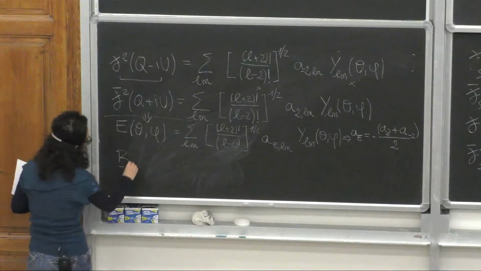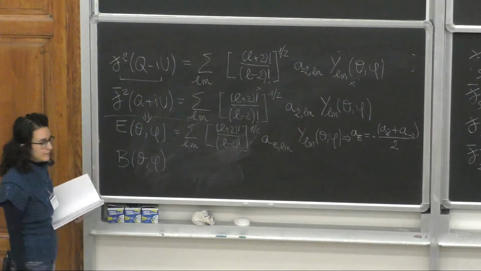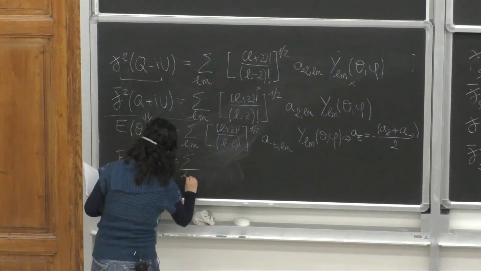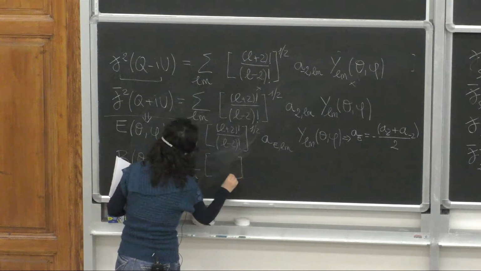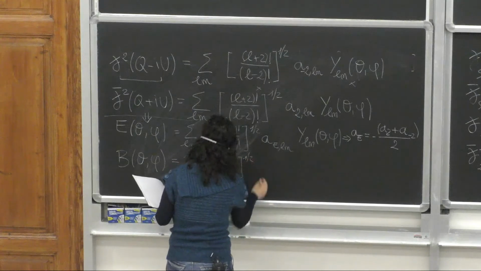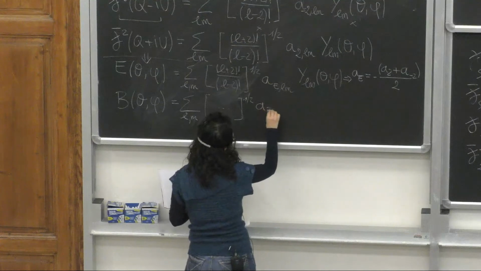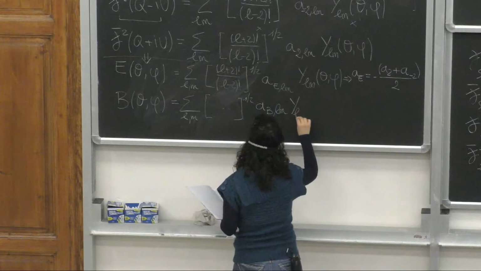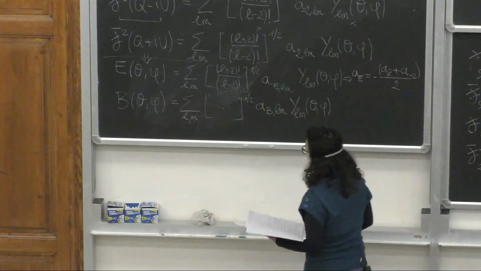I can, of course, define another scalar quantity, which is B. B is still expanded with the same prefactor here, in spherical harmonics. The expansion coefficient is A_B. And the basis, since this is a scalar, is of course the usual spherical harmonic.